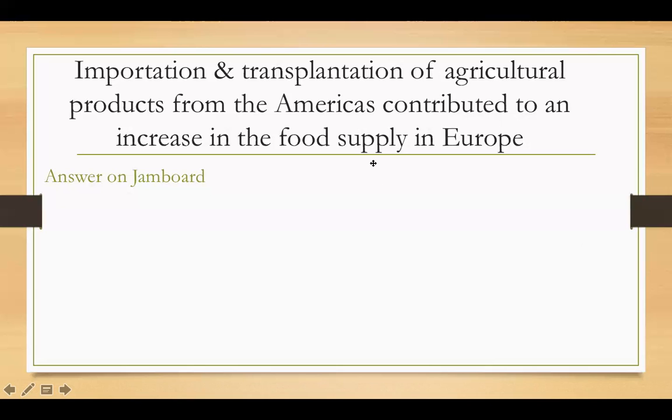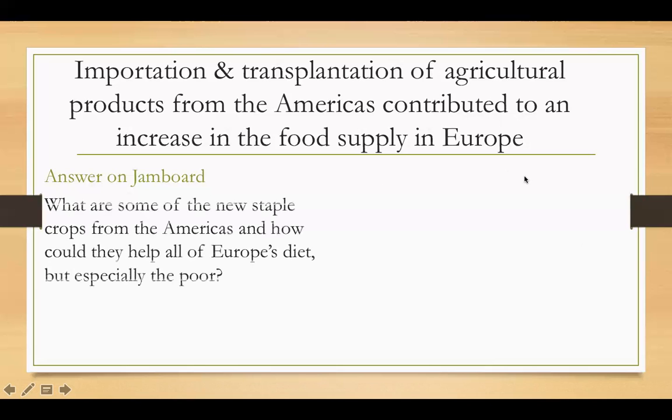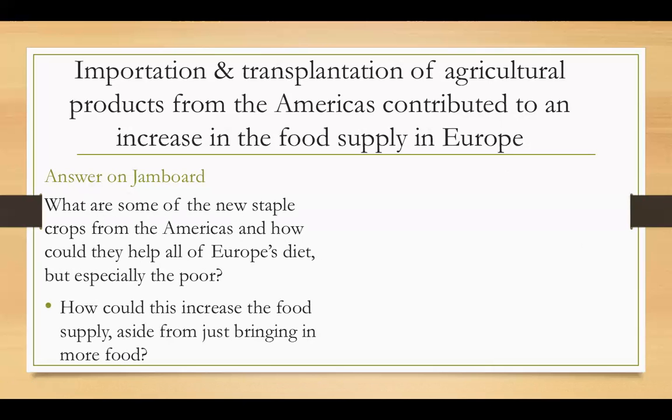Hopefully you paused and came back. That's the question right there: what are some of the new staple crops? Hopefully we looked at that sticky. The next question is, how could this increase the food supply aside from just bringing in more food?